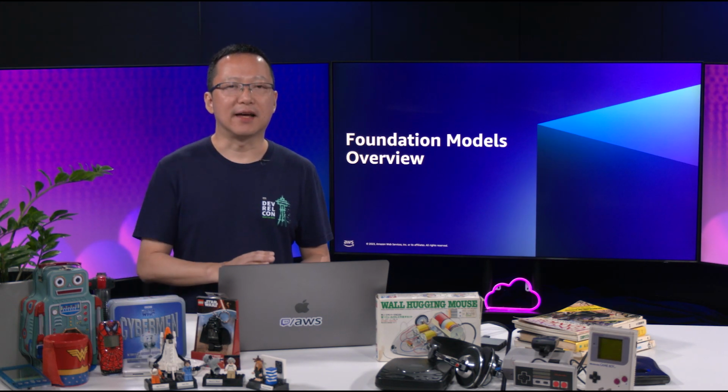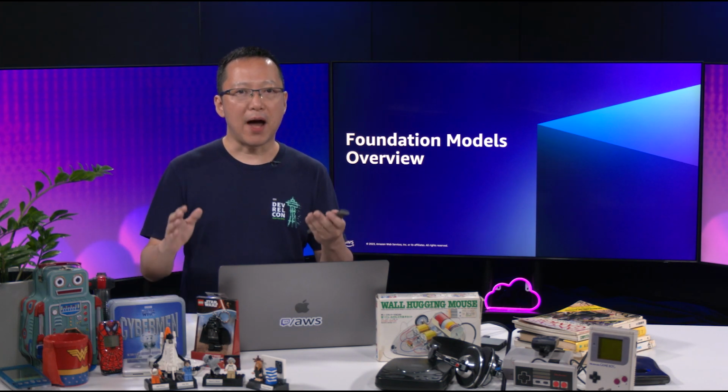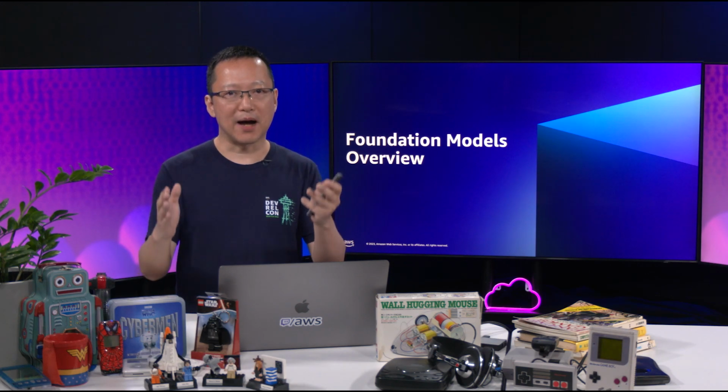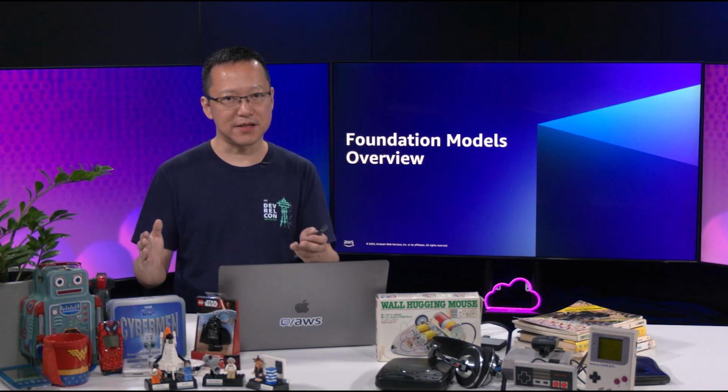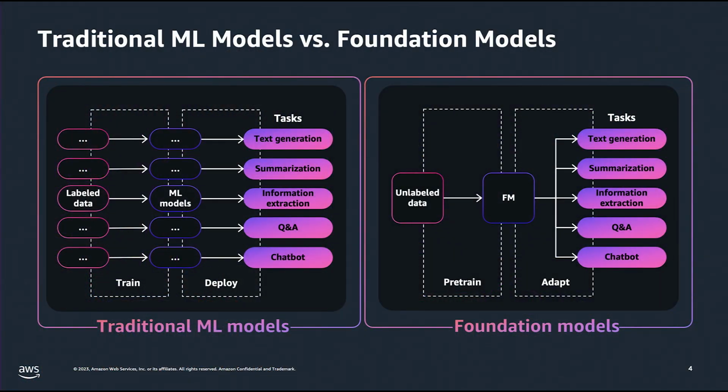First of all, let's take a look at the foundation models. LLMs are all foundation models trained on large amounts of text data consisting of billions of parameters. This slide shows the difference between the foundation models and the traditional machine learning models.